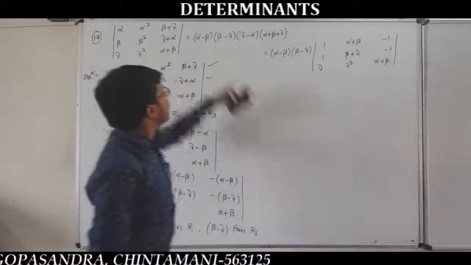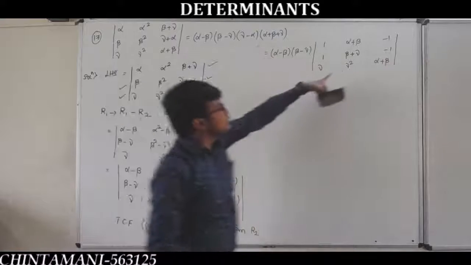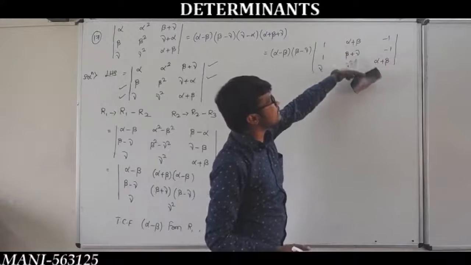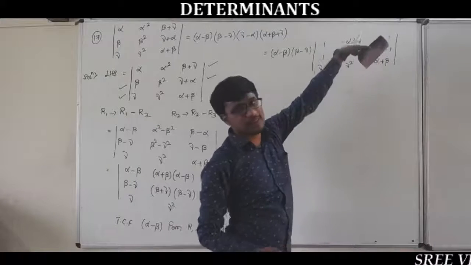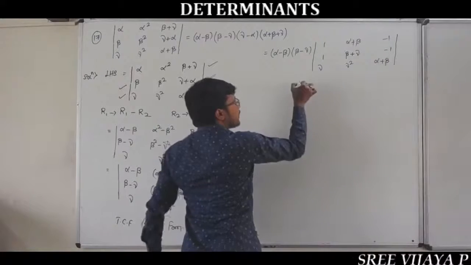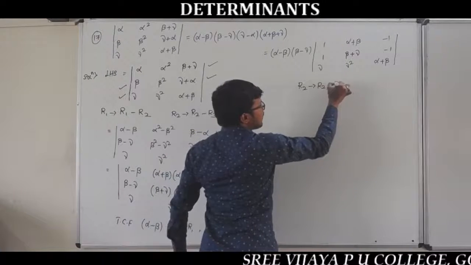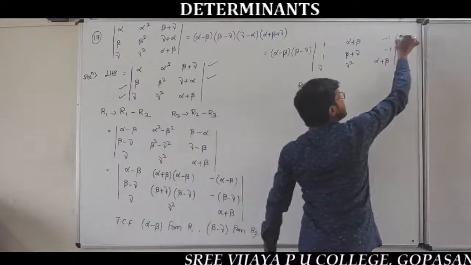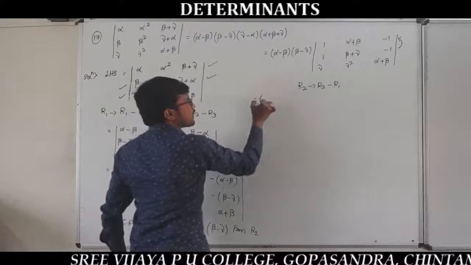Okay. So now you got alpha minus beta, beta minus gamma. Now you want gamma minus alpha, right? So this is gamma, so this is alpha. You can subtract this minus this. So what about these two? If you subtract this minus this, beta minus beta gets cancelled, right? So apply R2 can be changed as R2 minus R1. So you can subtract this minus this. So R2 minus R1. So what you get?